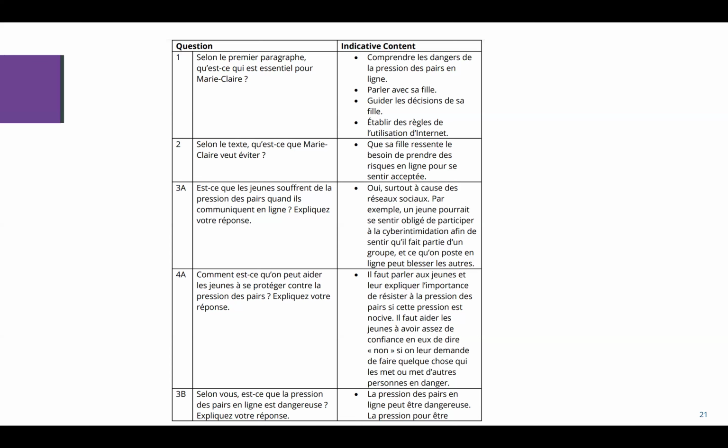For question 1 there must be 3 pieces of information. You can see here that the indicative content for the first question has 4 pieces of information. So your students don't have to give all 4. If you're doing a mock exam, they need to give only 3, because it's 3 pieces of information, but they have a choice as to which pieces they give.